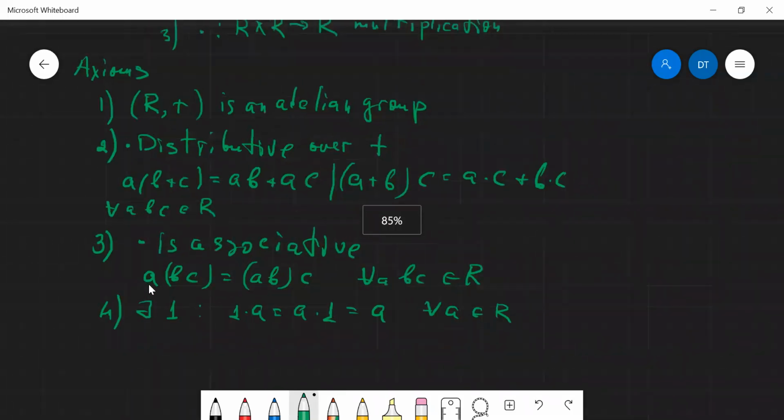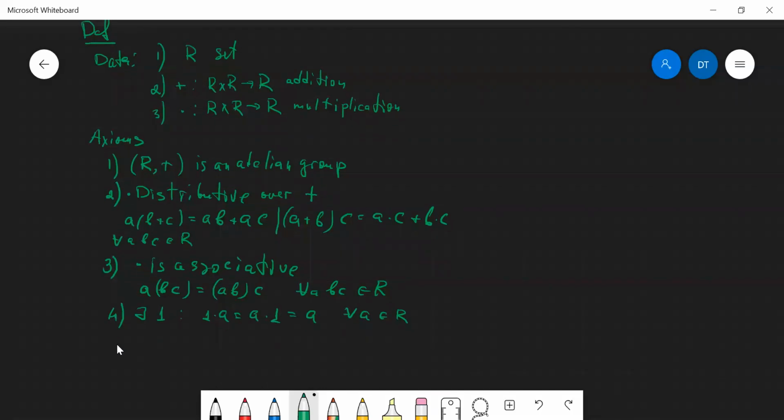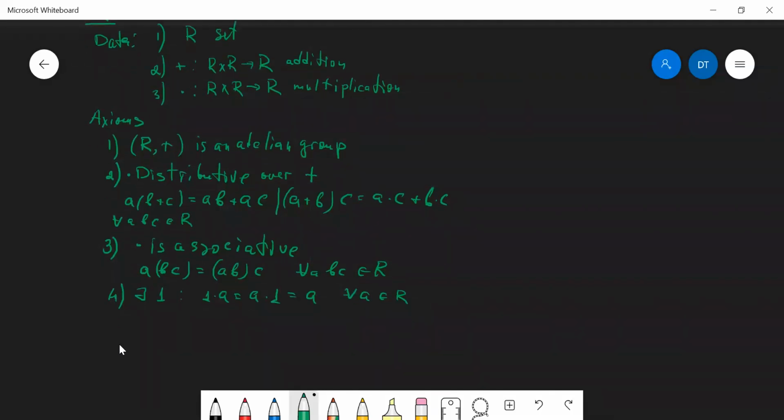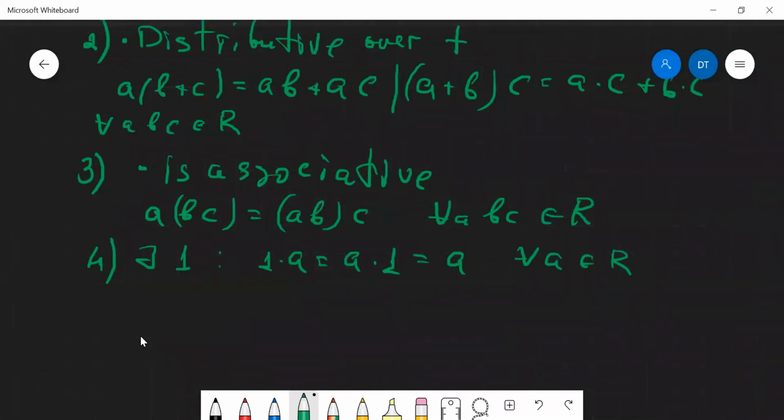So if we have all these things subject to these rules, then R with this pair of operations, addition and multiplication, is called a ring. So by definition, this set with these two operations is called a ring.